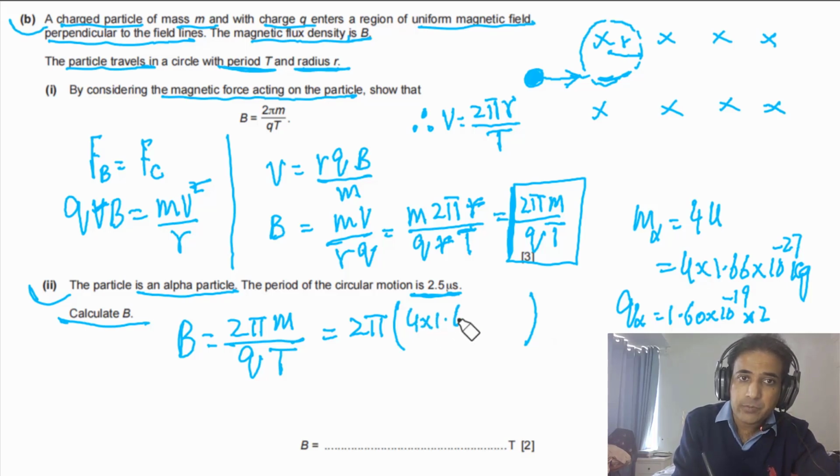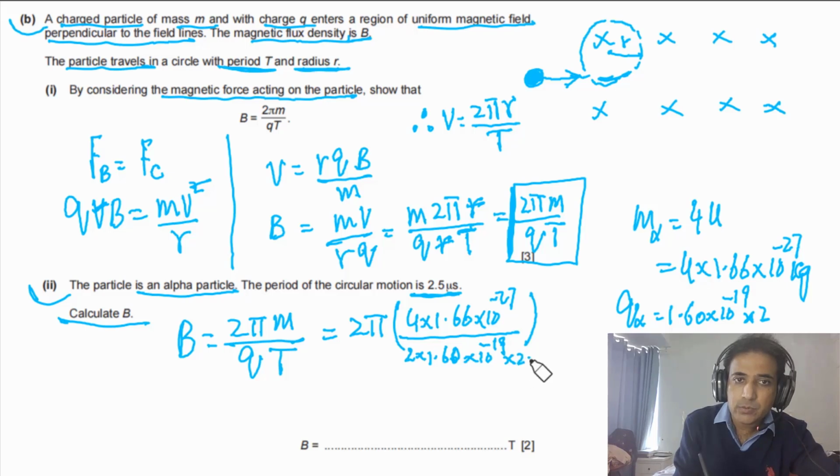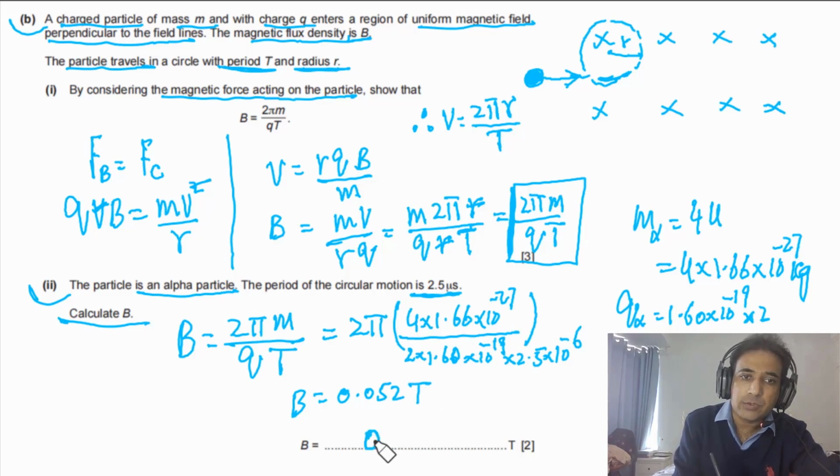We have 4 times 1.66 times 10 to minus 27 kgs divided by the charge on alpha particle, that is 2 times 1.60 times 10 to minus 19 multiplied by time period, that is 2.5 microseconds, 10 to minus 6. Now if we simplify, in this case we will get value of B, that is equal to 0.052 Teslas. So this is our final answer.